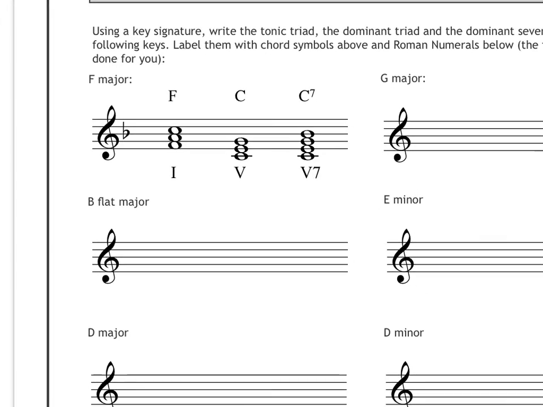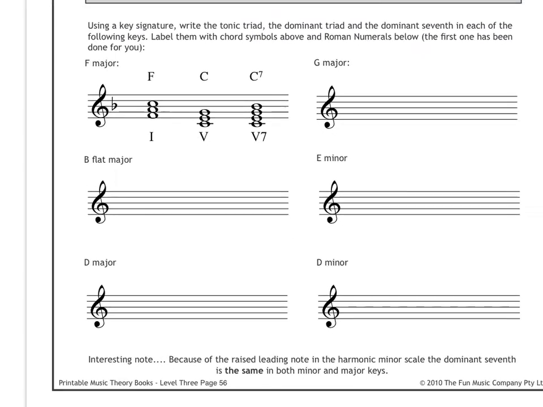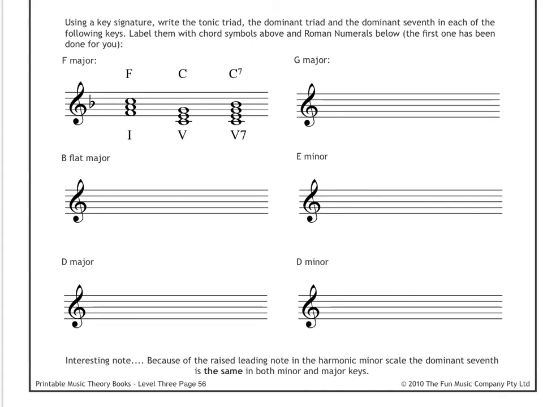The key signatures they're asking you to do them in are G major, B flat major, E minor, D major, and D minor. Now, one thing to be aware of, when you are working in the minor keys and you have to write dominant triads or dominant seventh chords, you're going to have to raise scale degree 7.